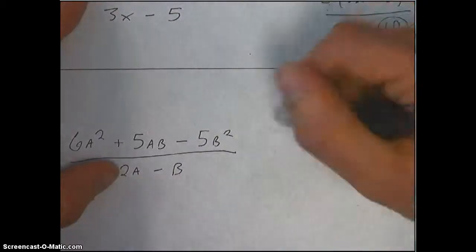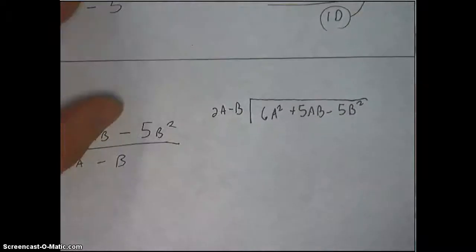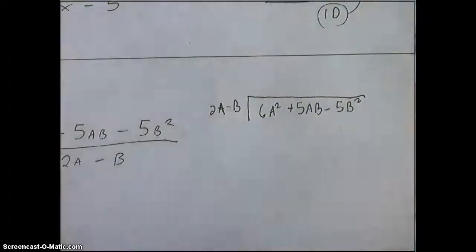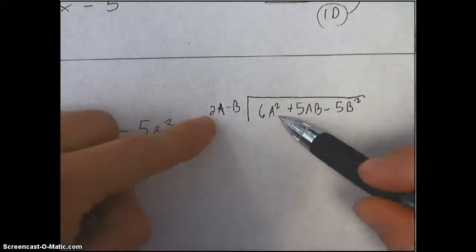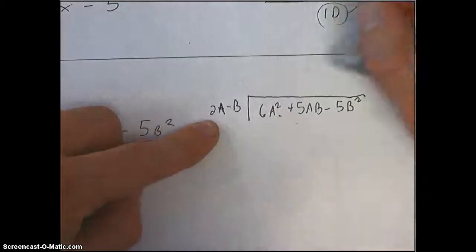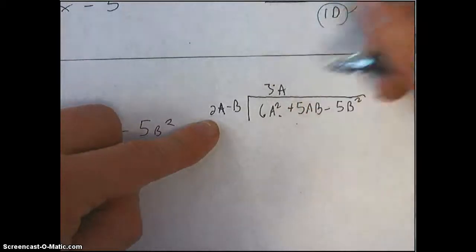And we're going to divide all that by 2a minus b. All right, so let's talk about how we're going to do that. So if we want to turn a 2a into a 6a squared, you're going to multiply everything by 3a. Just write 3a up there.